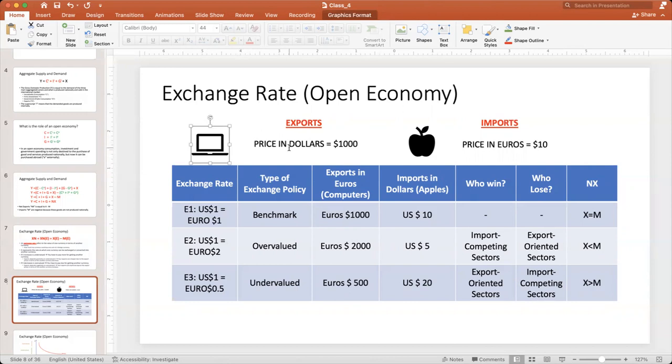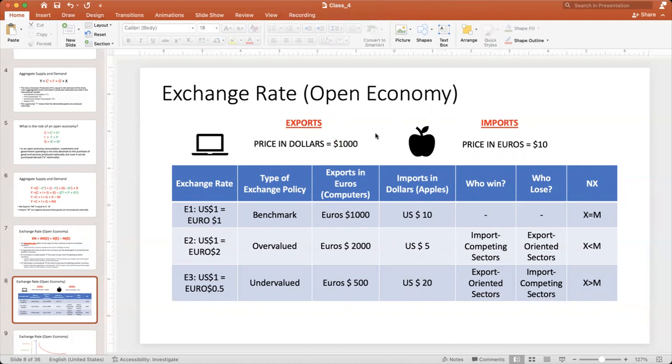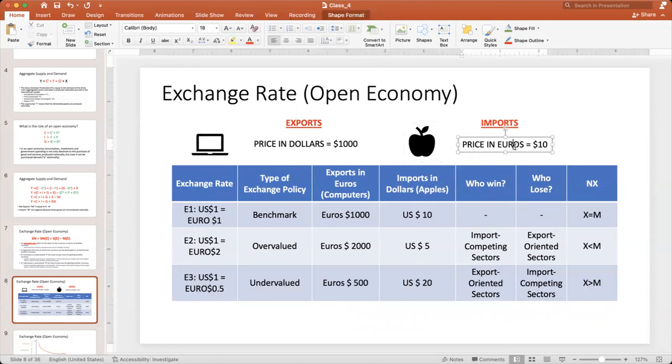Why? Because we are producing computers here in America. So the price is in dollars, and the price of the computer is $1,000. However, we want to import apples from Europe. So the price of the apples is in euros, and the price of the apples is 10 euros.